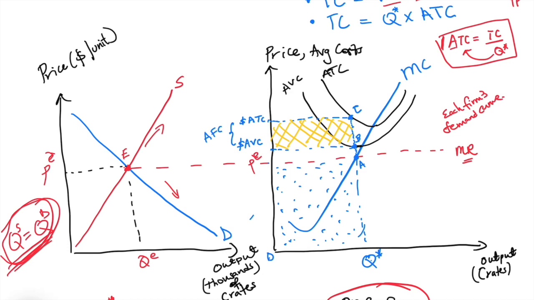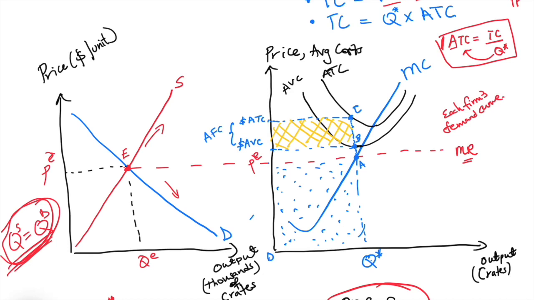But here we can do more because we have used some ideas about the features of perfect competition to figure out the profit maximizing quantity. That is why we can do a little bit more in these graphs.